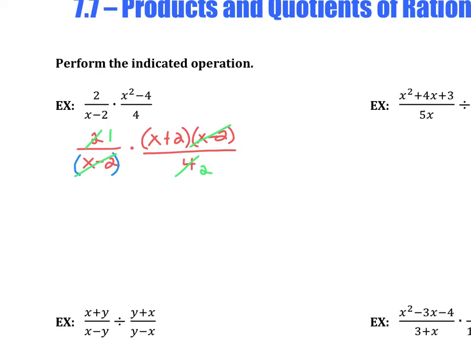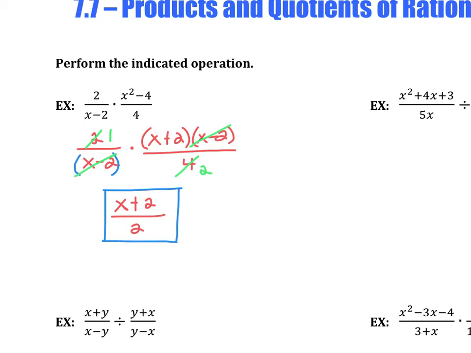If we now take our numerator and what remains, which is x plus 2, and our denominator, where we just have a 2 left, we want to write our final answer as one simplified fraction. So our final answer in this case is x plus 2 all divided by 2.